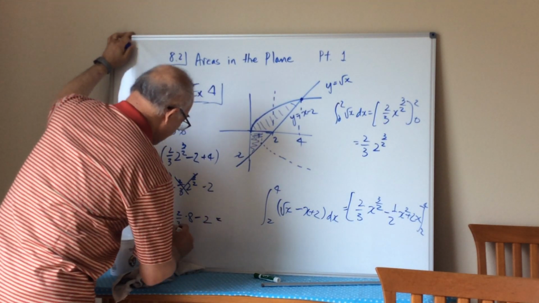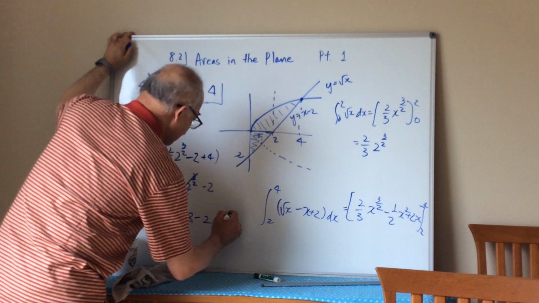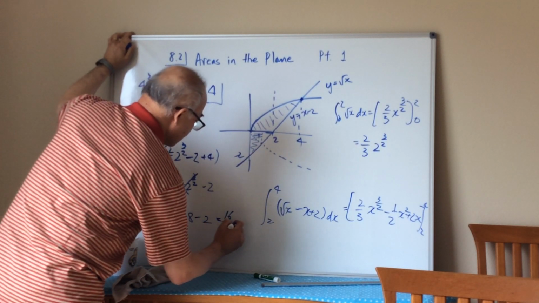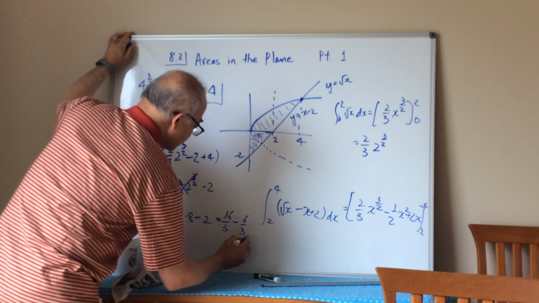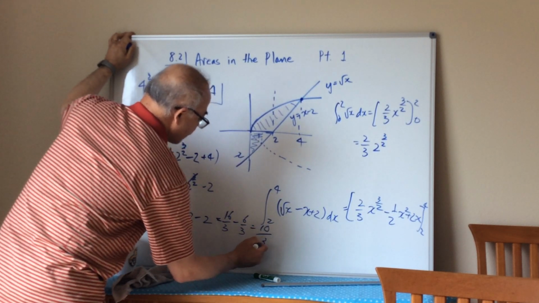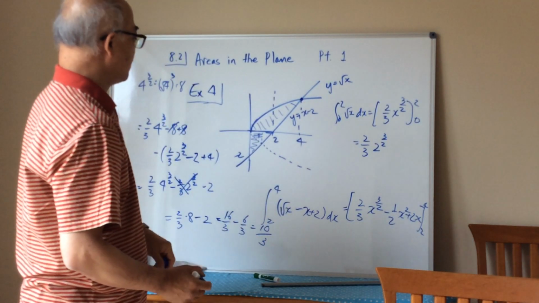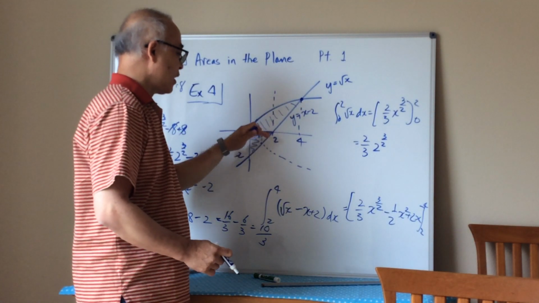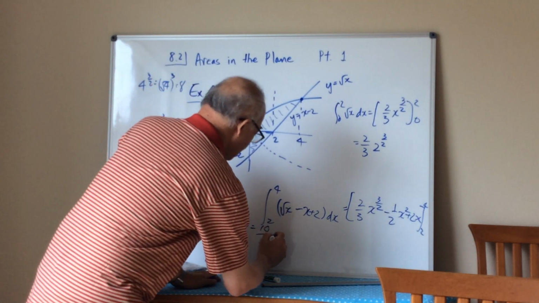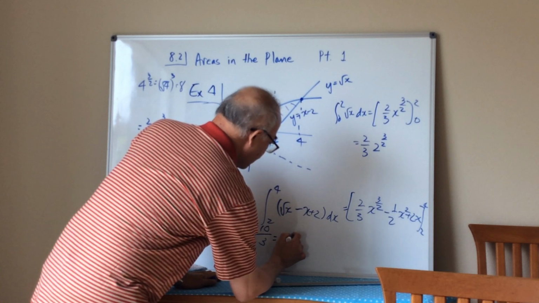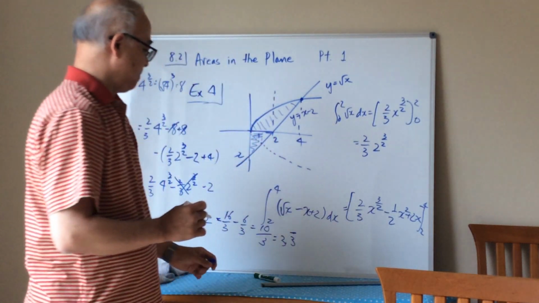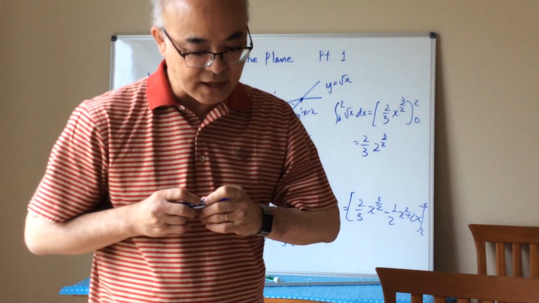So I'm going to get 16 thirds minus that, so it's going to be 10 over 3. 3.3333. So this area is going to be 3.333. Okay, or 10 thirds, right?